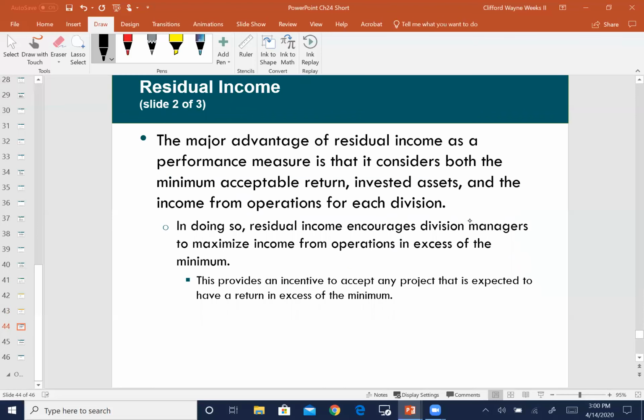Major advantage of residual income as a performance measure is that it considers both the minimum acceptable return, invested assets, and income from operations. So in doing so, residual income encourages divisional managers to maximize income from operations in excess of the minimum, or in this case, the 10%.